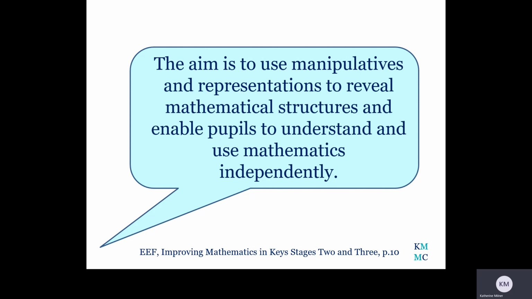So this is an example of what we call procedural variation, which might be a term that you are familiar with, particularly if you have been involved with the Maths Hubs. And they use these definitions.